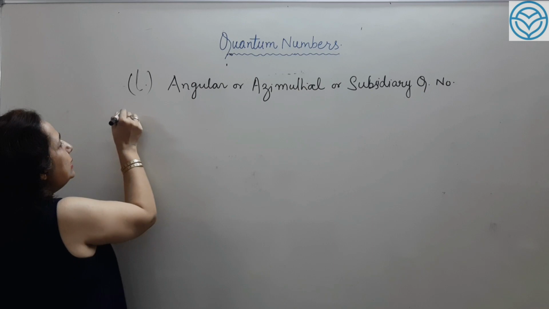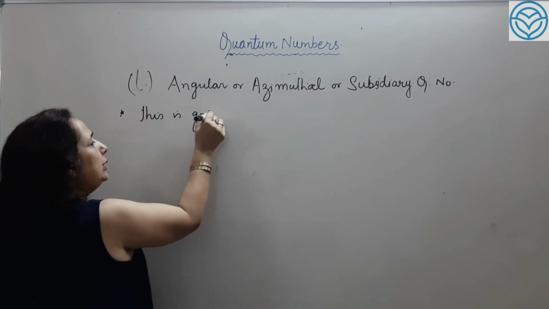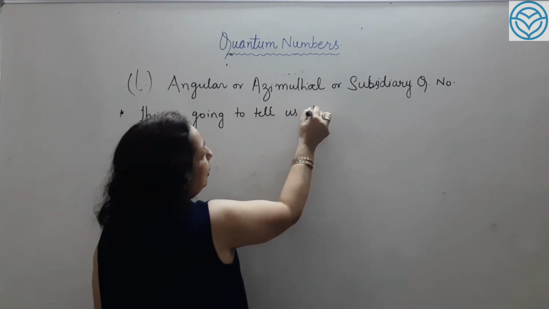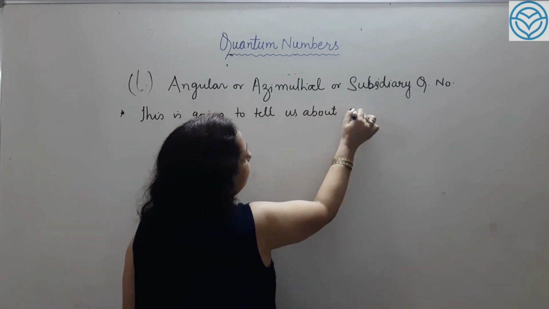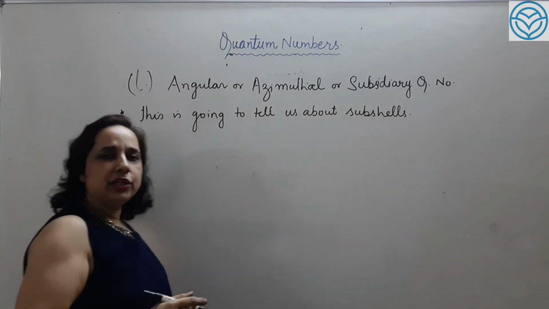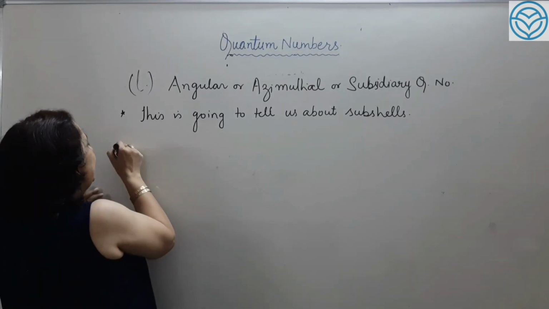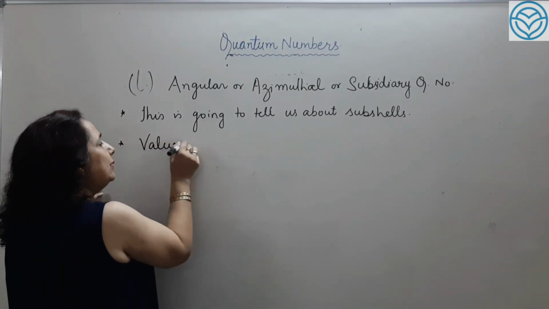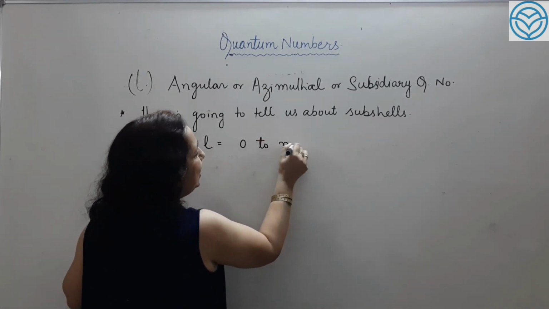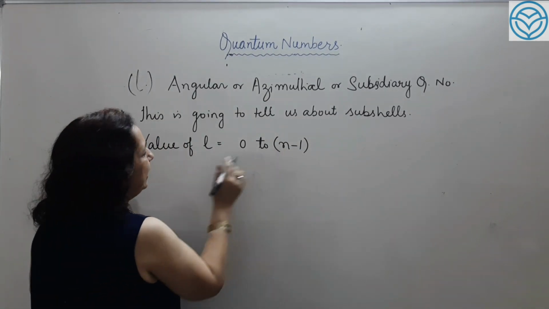This quantum number is going to tell us about subshells. यानी आप इससे भी कोई इंफॉर्मेशन लेते हो तो वो सबशेल के बारे में इंफॉर्मेशन होगा. Value of L is equal to 0 to n minus 1.